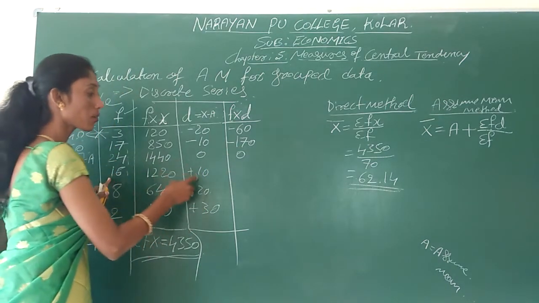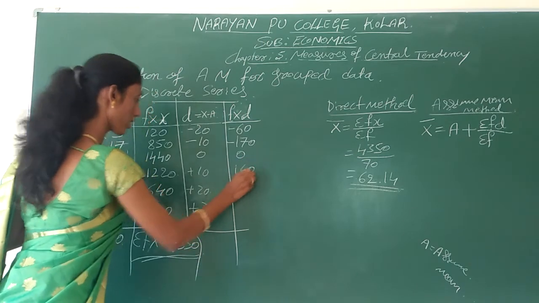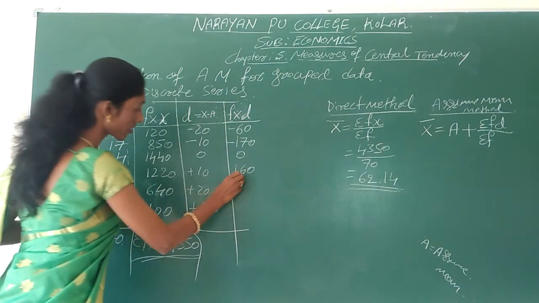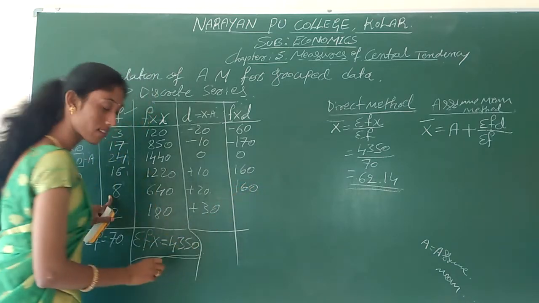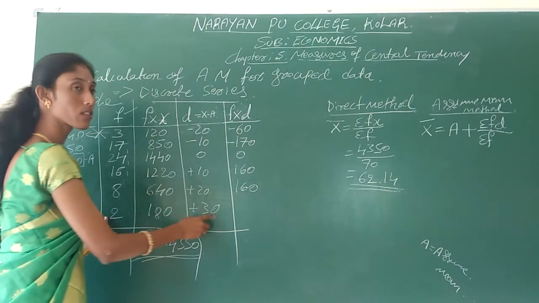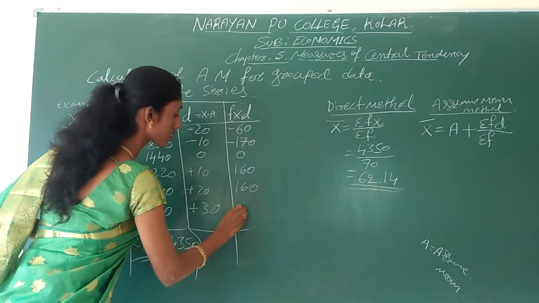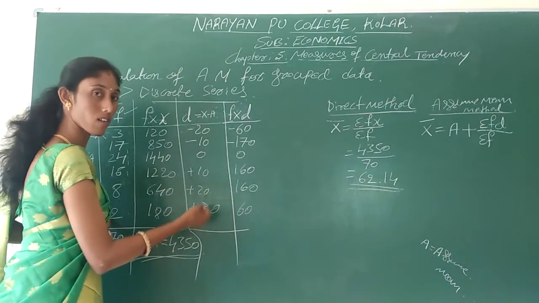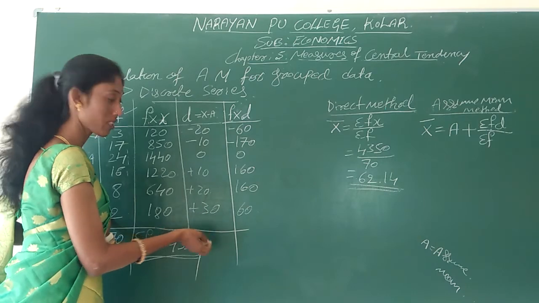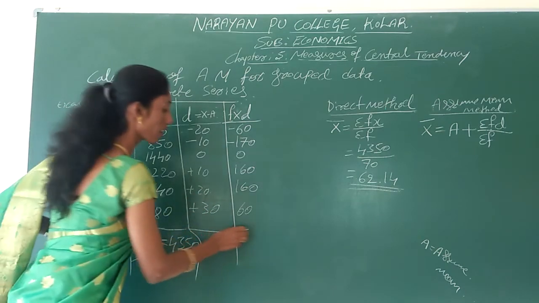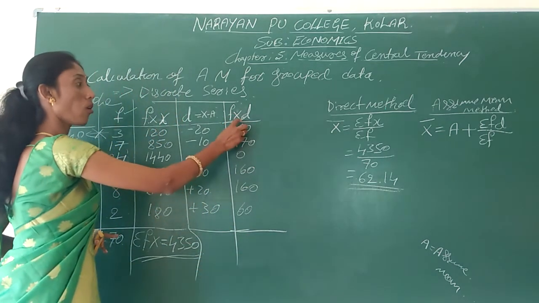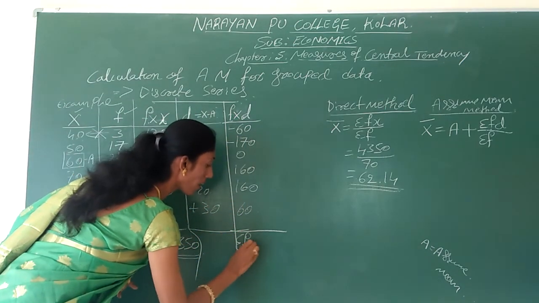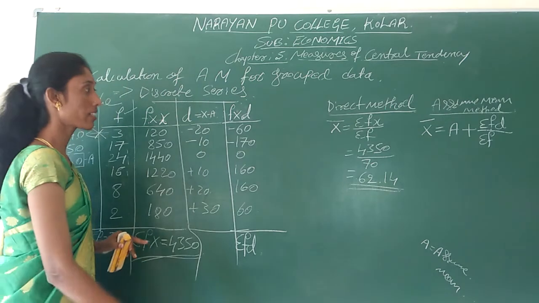Then 16 into 10 is 160. 8 into 20, how much? Same, 160. And 2 into 30 is 60. These are plus values; if nothing is mentioned, it is plus only. Now by adding all these f into d values, we get sigma fd.